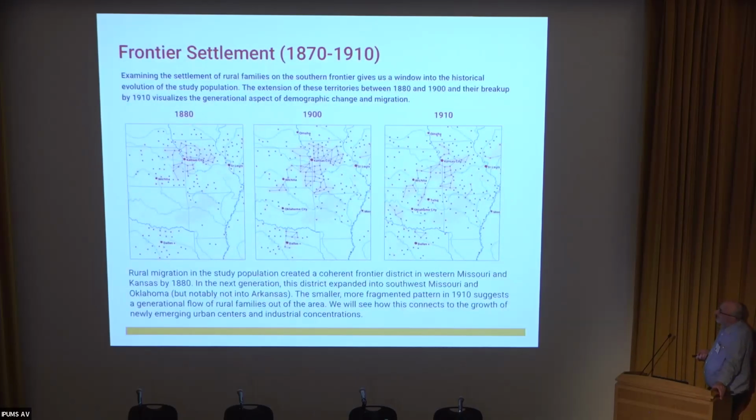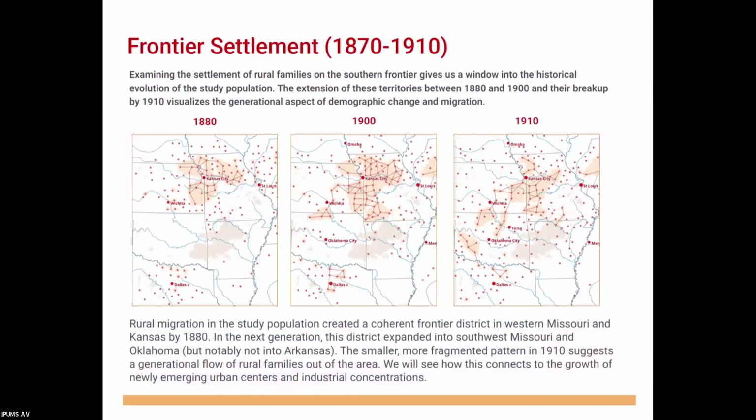So we'll see how we can analyze this over time. This represents rural families or people who move to rural destinations. Pretty much everybody in the study population starts out in 1870 as rural.